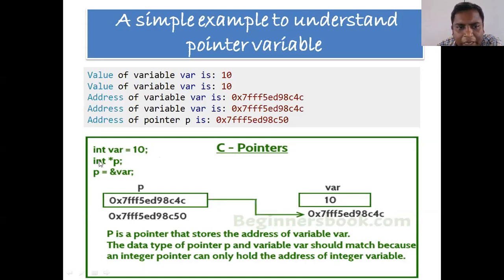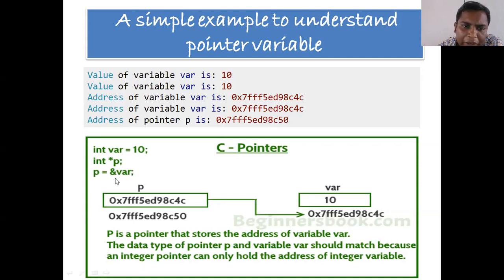7FF5ED98C4C. Then we are declaring a pointer variable int *p. Then in the next step we are initializing, meaning we are giving some value to p. And p is a pointer variable which holds the address of another variable. Here the other variable is var.